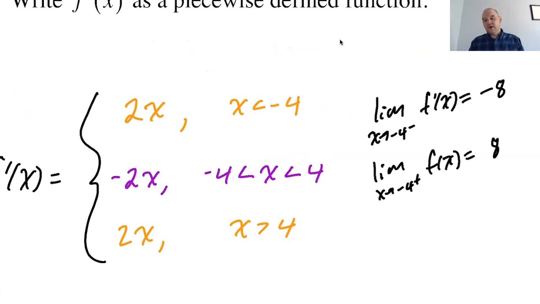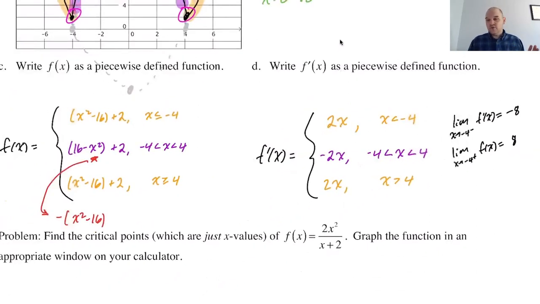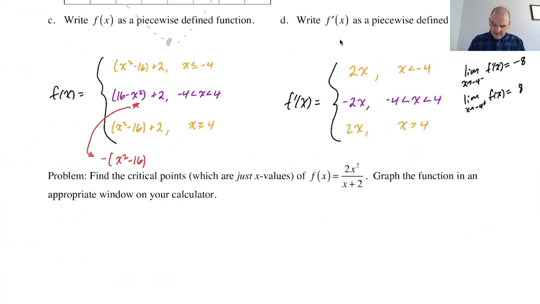This is why f prime of negative 4 doesn't exist. We could do the same thing at positive 4, and it's the same argument. That's why we're not allowed to put equality there. If we had gotten the same value, we could go back and fill in the equality, but in this case we know we're not going to, so we don't do it. So that's a big idea.